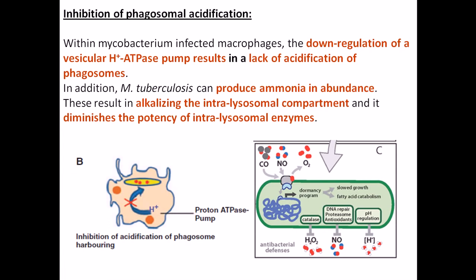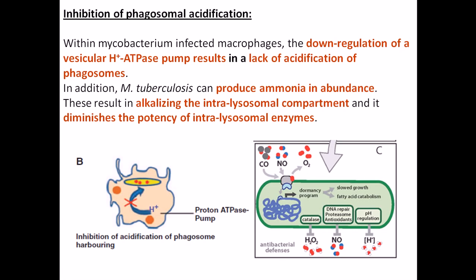So within the Mycobacterium, the downregulation of vesicular proton ATPase pump and a lack of acidification of the phagosome is a very important stage for the bacteria to survive. Okay, and in addition, they can also produce ammonia to neutralize the acidic environment inside the phagosome, just like the process of Helicobacter pylori that we have talked about.